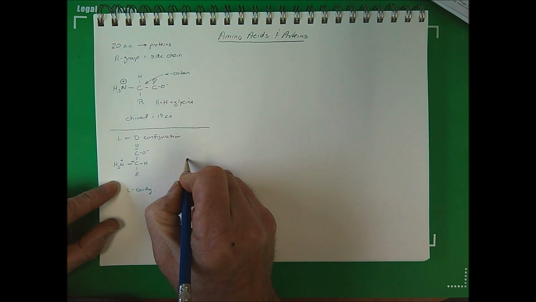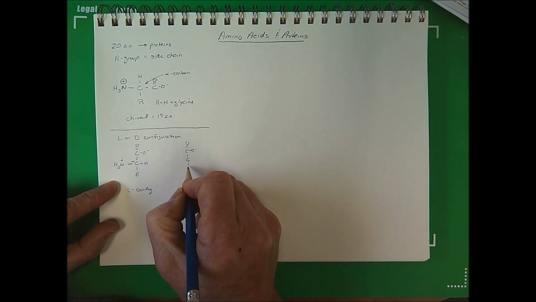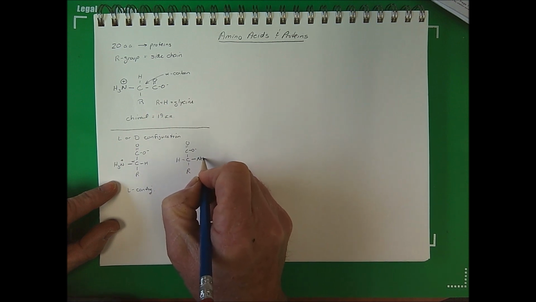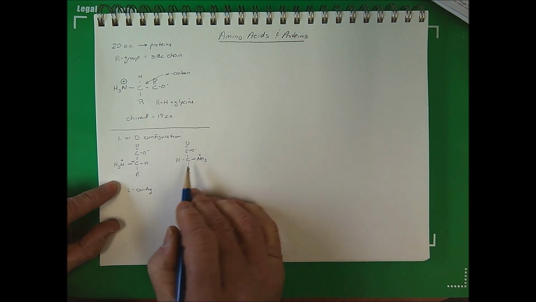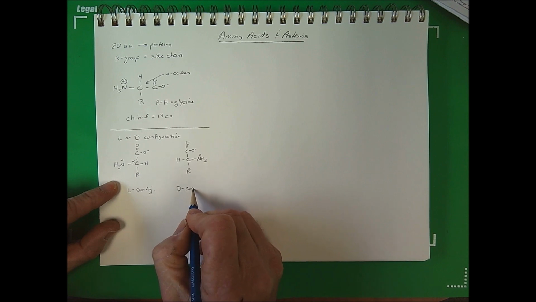If, for example, we draw our amino acid in a slightly different form, where we have the primary amine on the right-hand side of this Fischer projection, this would be the D configuration.